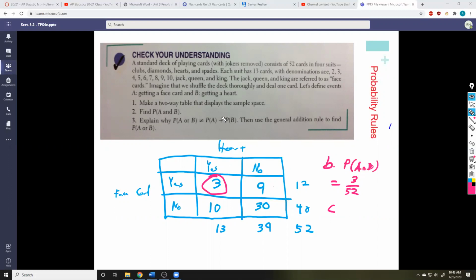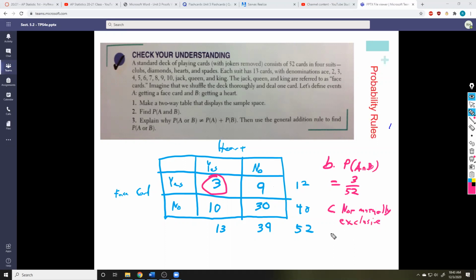So we can't say that the probability of A or B is just the 2 added together. There's a couple different ways to explain this, but the idea that we're getting at is that here we are not mutually exclusive.